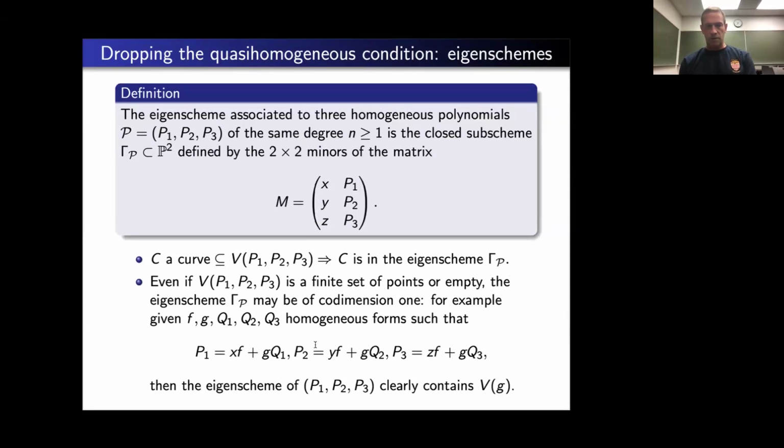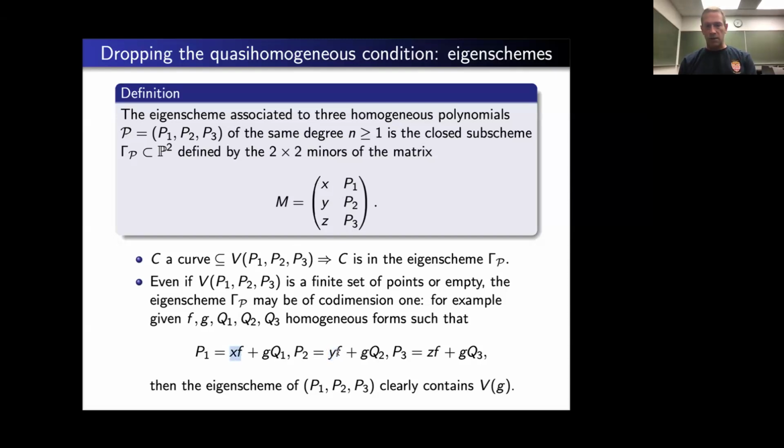I want to talk through this just so we develop a little bit of dexterity with eigenschemes. If my P1, P2, and P3 are as we've written down here, let's look at one of these 2x2 minors, x times P2 minus y times P1. Well, x times P2 is going to give me an xyf factor, and then I'm subtracting y times P1, that's going to give me a yxf factor.